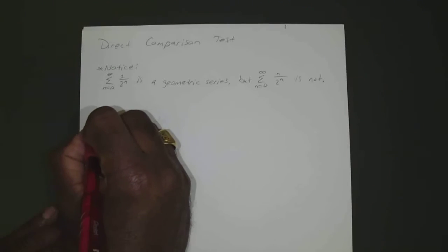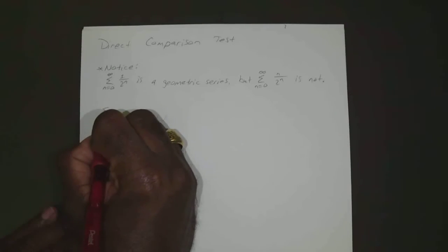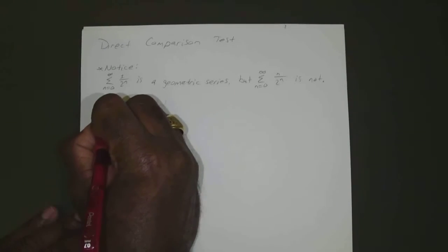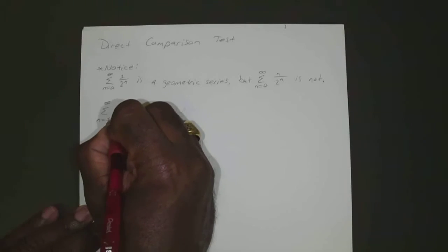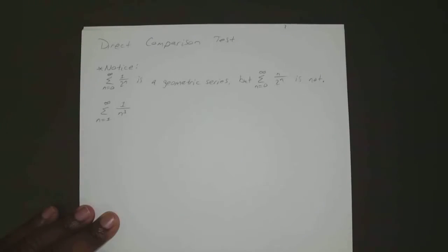Let's say we have the sum from n equals 1 to infinity of 1 over n to the third power, that's a p-series.